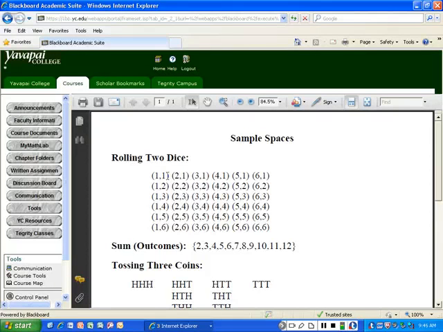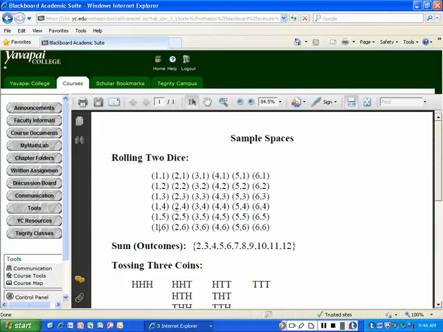And in our rolling two dice, what we've done is we've said, instead of looking at the sum, which we have down below here, because you have a better chance of getting a 7 than a 2, I'm going to think of what's happening with those two dice as being separate dice, dice 1 and dice 2, and I'm going to put those together in an ordered pair.